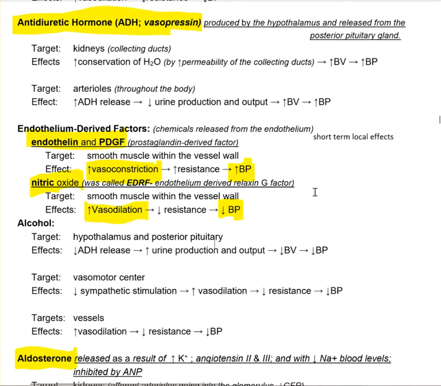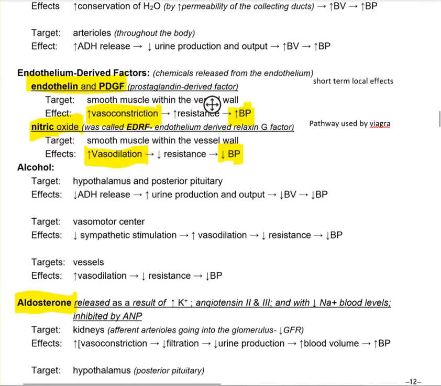And this is the pathway that's used by Viagra and other drugs that vasodilate. Maybe that makes sense if you know what Viagra's actions are. You can understand why that pill will cause a nitric oxide-like effect, which will vasodilate vessels. So that's kind of interesting.